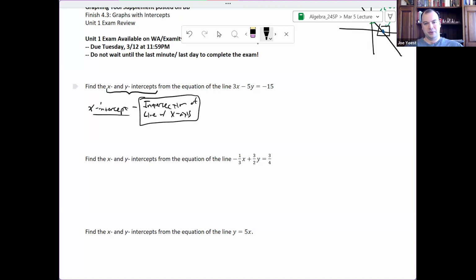And specifically, it's the point of intersection of the line with the X-axis.